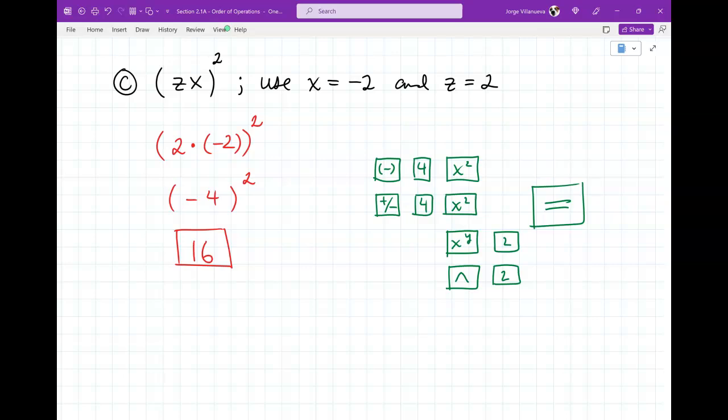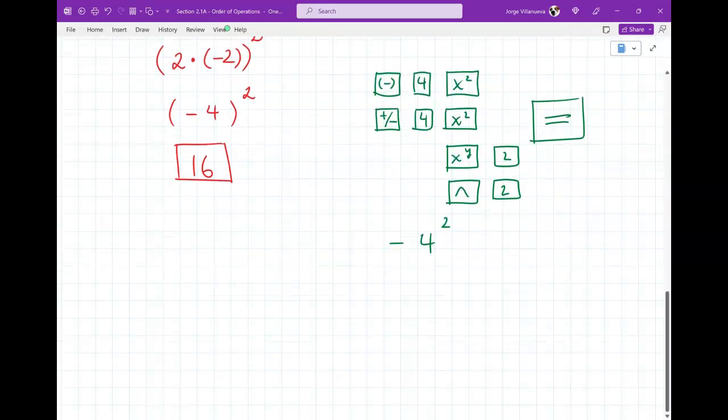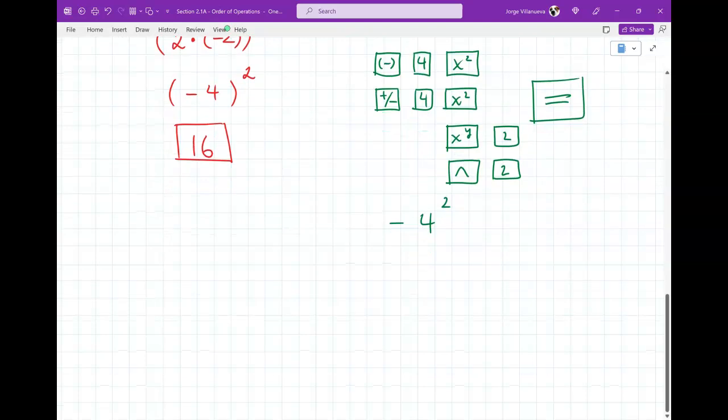The answer comes out to negative 16. Okay? The reason why is because this is what the calculator sees. That's what it sees, a negative 4 squared. Well, the way it's written, you're supposed to apply the power of 2 just to the 4, so that's a negative 16. Your calculator's not wrong. It's right. Negative 4 squared is negative 16, right?